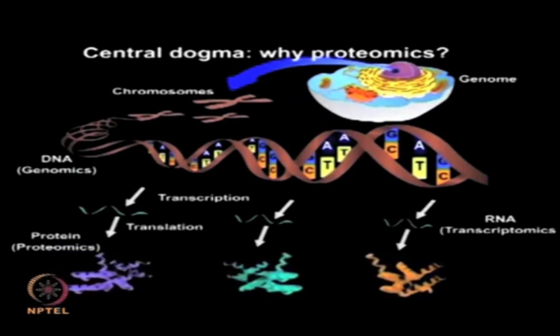Study at the DNA level is known as genomics, at the RNA level transcriptomics and at the protein level proteomics. Analysis of the proteome involves protein extraction, separation, identification and finally, characterization of various proteins.